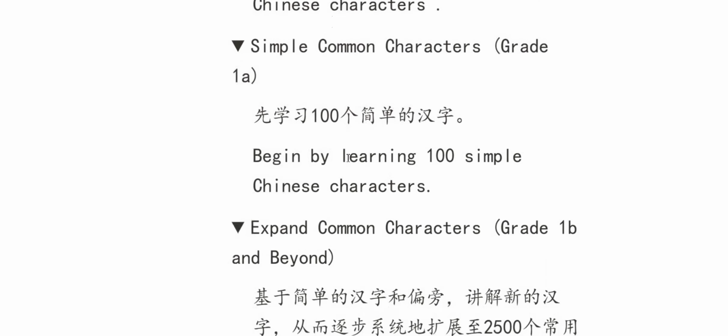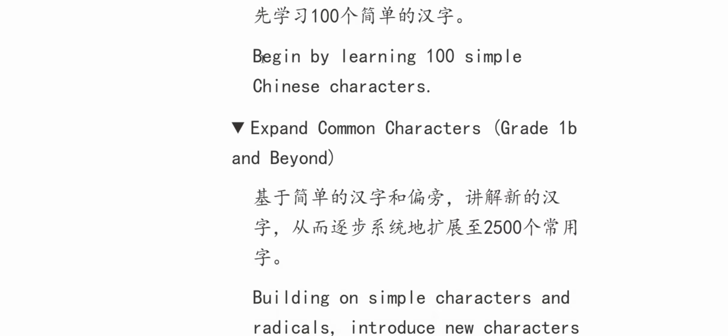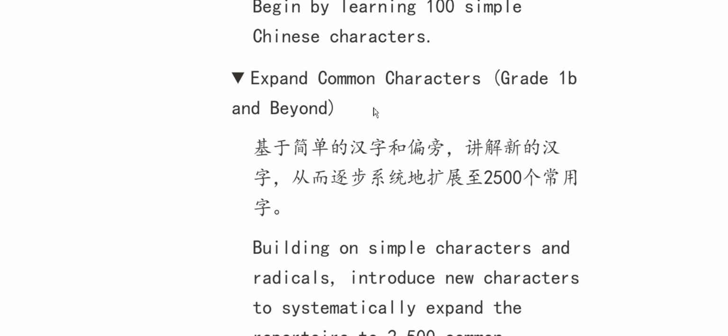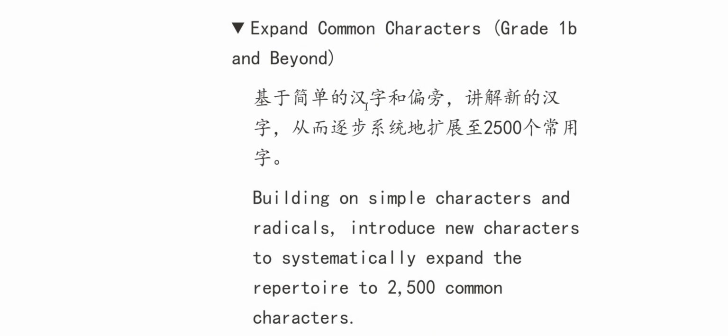Then next step, we will learn simple common characters in grade 1A. This is our beginning of learning Mandarin Chinese. Then from grade 1B and beyond, we will expand the scope of common characters from 100 to more.